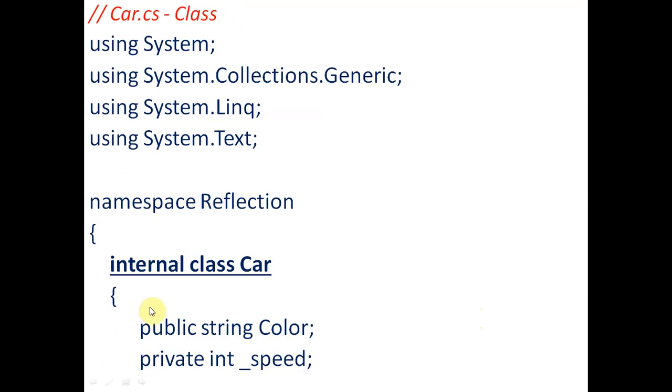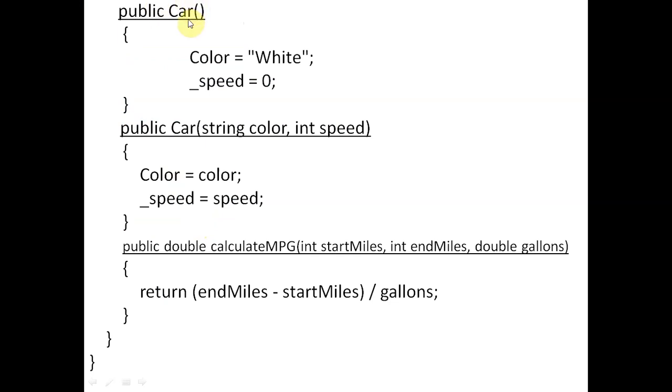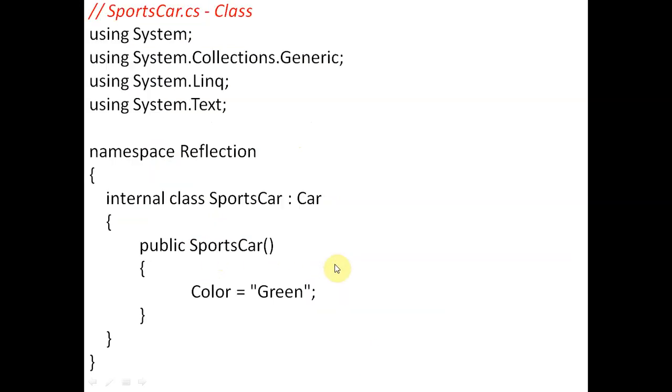Again we have a class Car inside the reflection namespace, and in this class we have color and speed variables, as well as the speed, accelerate and isMoving functions. And we have two constructors, the default constructor and the parameterized constructor, along with the calculateMpg function.